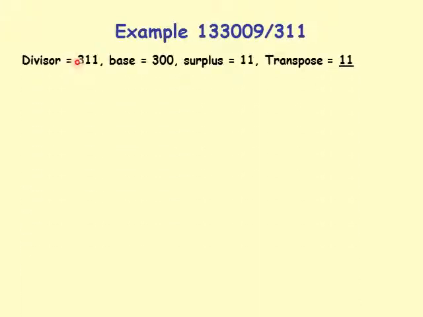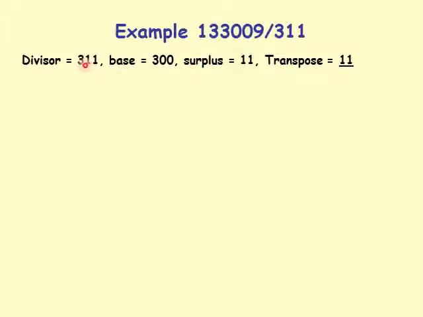Let's do an example. We will take an example where we divide by 311, which is 3 digits, but it's a proportional base now. Example is 133009 divided by 311. Divisor is 311. Base is 300. Surplus is 11.